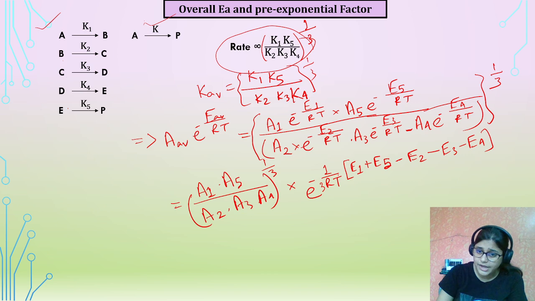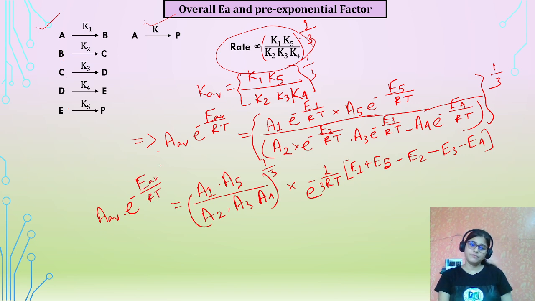Fine. Now if we compare this, it is A average and e to the power minus E average by RT. A average will be this whole term, and for E average, here only minus 1 by RT is present, so let's forget about the minus 1 by RT.